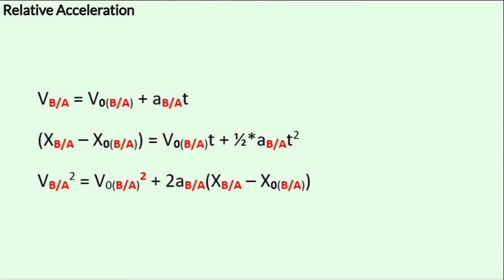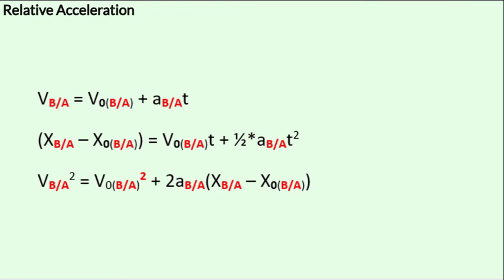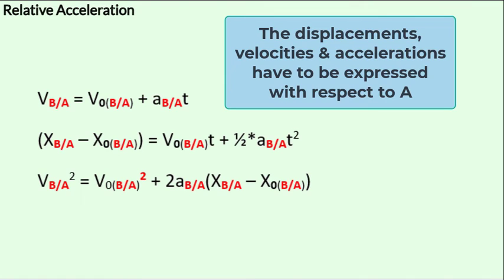These are the three equations of motion. When we rewrite these from A's perspective, that is, assuming A is the observer, we write these equations exactly in the same form as we do when the observer is stationary. The only difference is that the displacements, the velocities, and the accelerations are expressed from A's perspective.